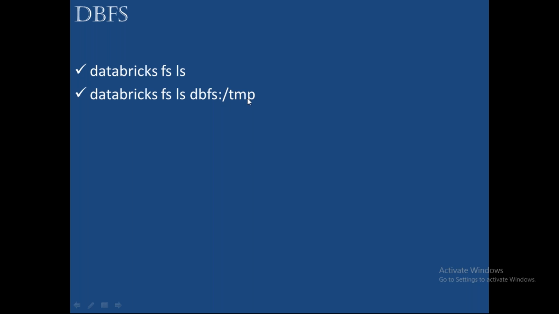What is /tmp? If you have any folder inside this particular directory, whatever content you have, that entire content, if you want to list down, then you have to say ls and specify from which directory you want to know the entire content. In which directory you want to know the content, specify the directory and use the ls command. This ls command will display the entire content which you have in this directory.